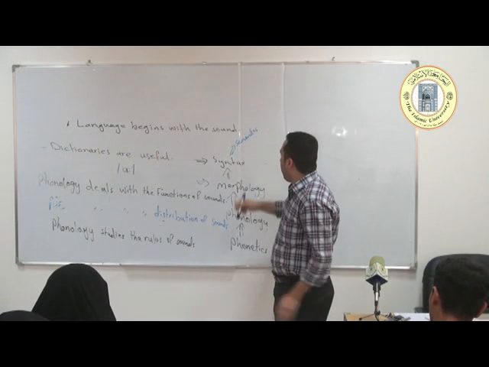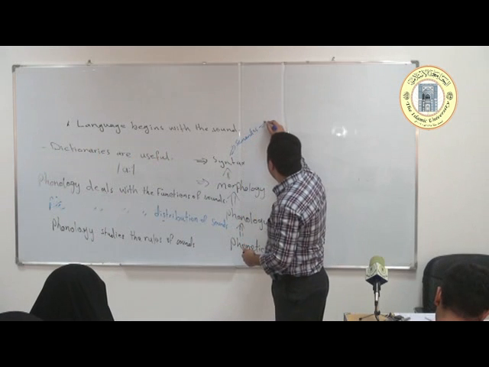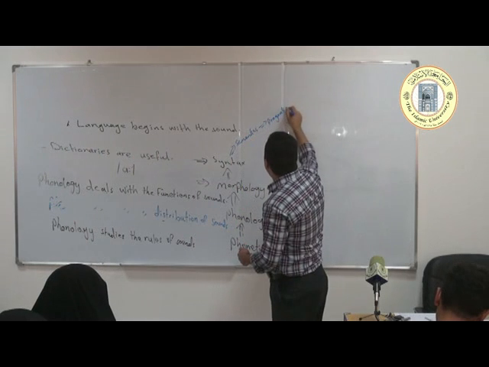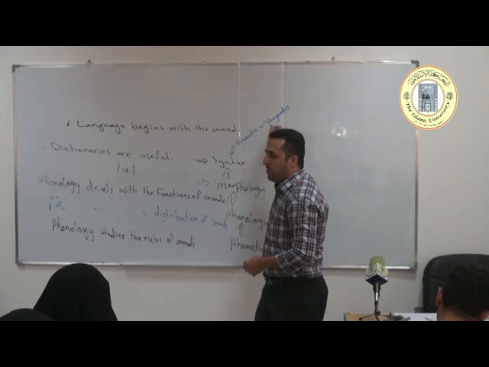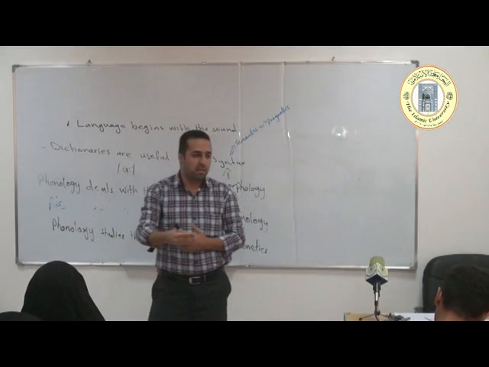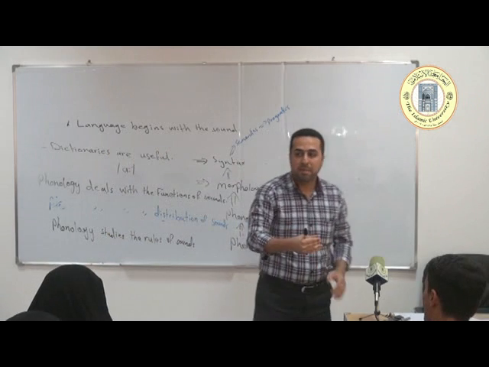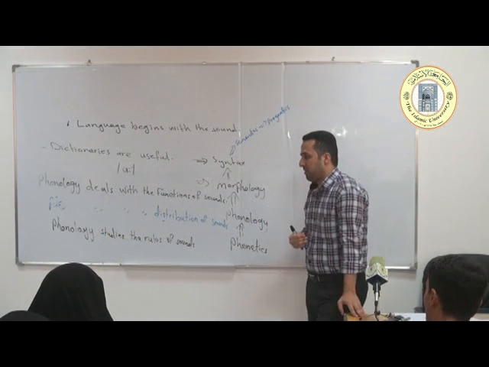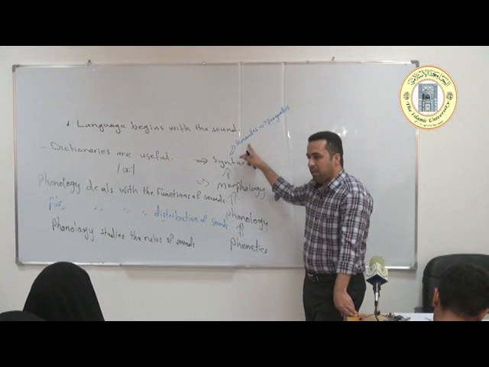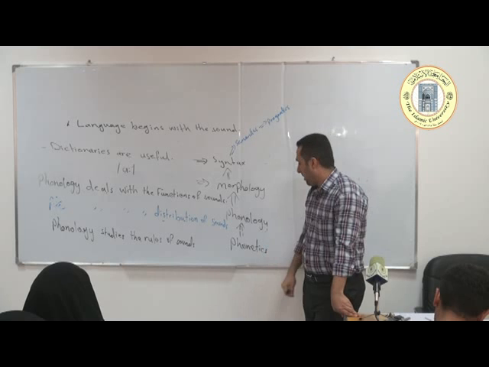And after semantics we have pragmatics. Okay? Which deals with what? Pragmatics deals with the intended meaning by the speaker. يعني شنو المعنى المقصود. Okay? While semantics deals with the lexical.